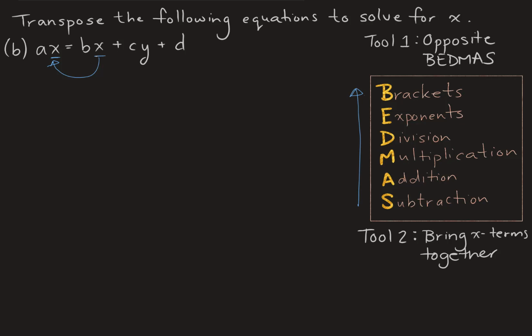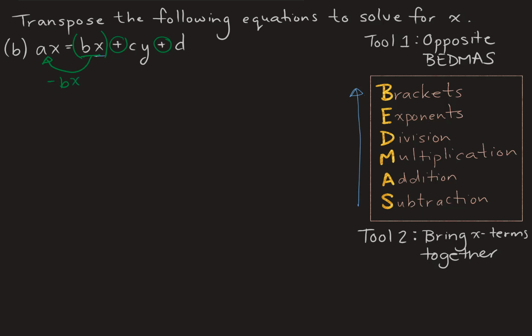So I have addition and subtraction. I've got my addition over here. So to move this x term, I have to treat it like a full term and move the entire unit over. So I'm going to subtract bx from both sides of the equation.